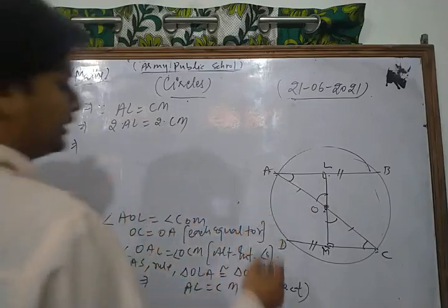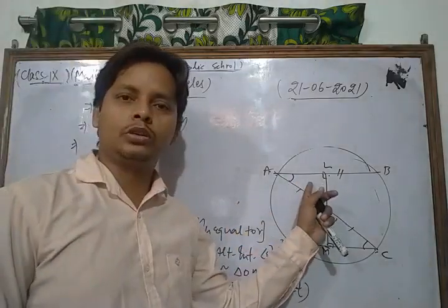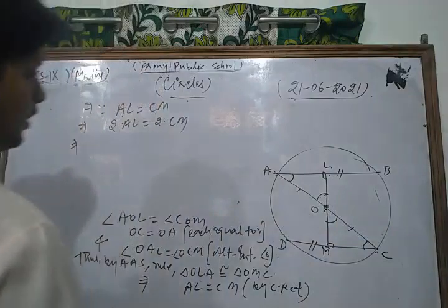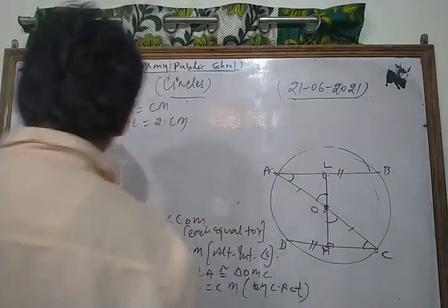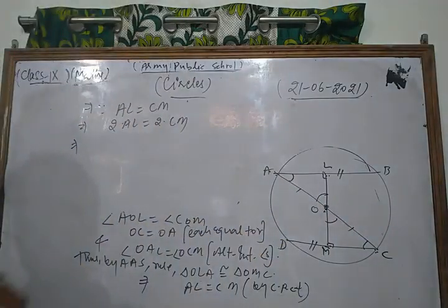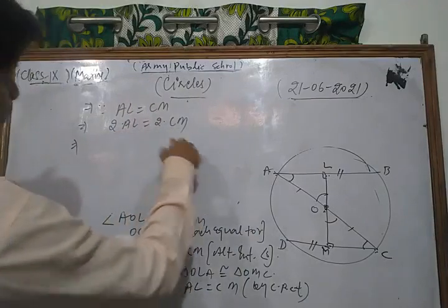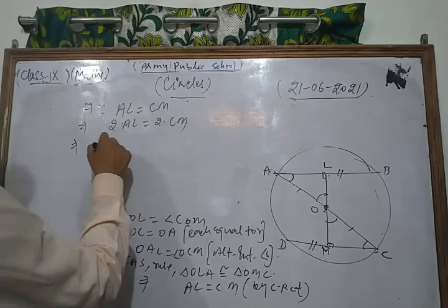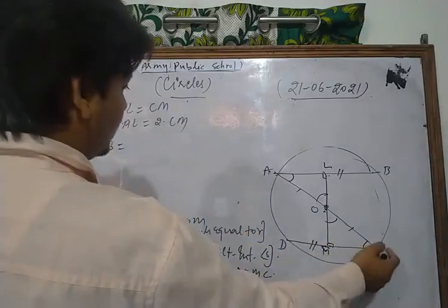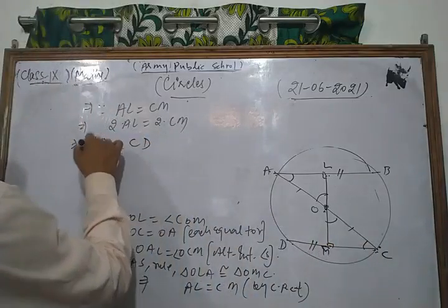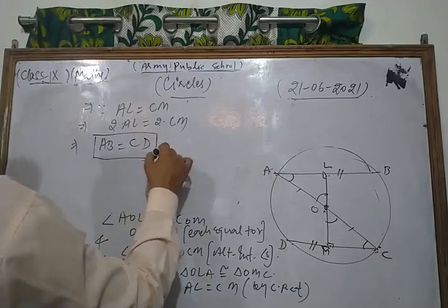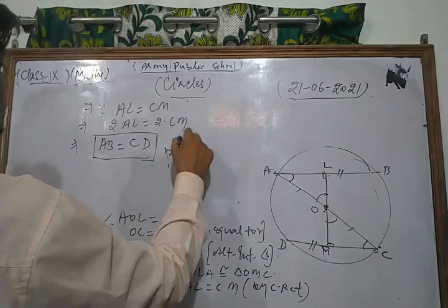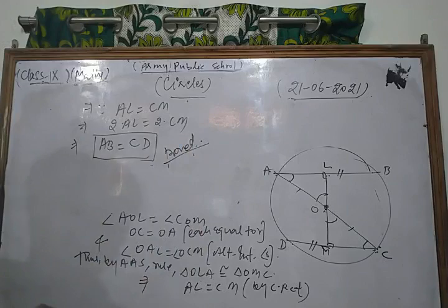We know that the perpendicular drawn from the center of the circle to the chord bisects the chord. So 2 times AL is AB, and 2 times CM is CD. Hence in this way we can say that the chords are equal to each other.